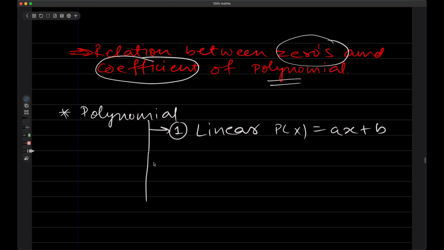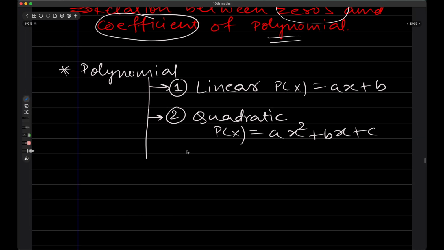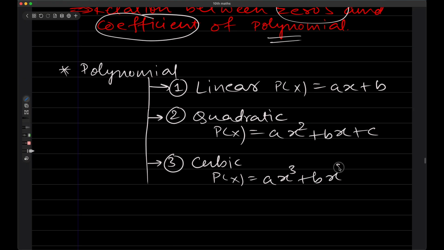Then we have the quadratic polynomial, of the form p of x equals ax square plus bx plus c. And third we have the cubic polynomial, of the form p of x equals ax cube plus bx square plus cx plus d.